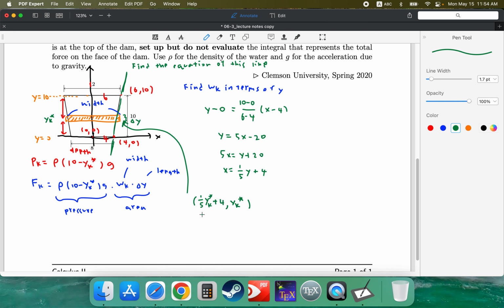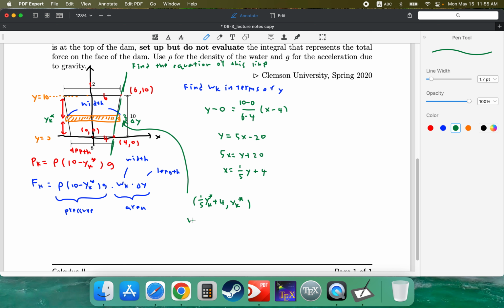The reason I want to know the point is because right now the distance from a point to the y-axis is the x-coordinate. So from here to here we have 1/5 yk star plus 4. And you'll notice that the width of the rectangle is 2 times this value because it's symmetric, right?